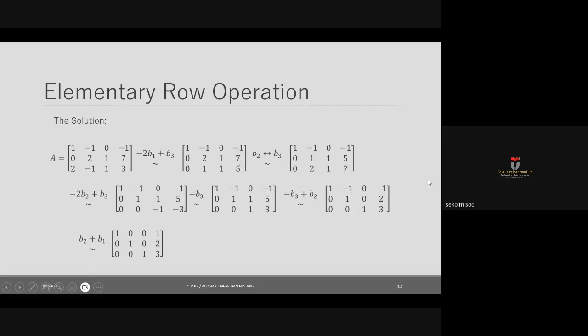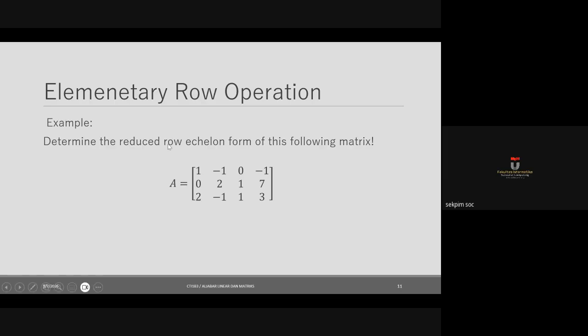This part is called row echelon form because all elements under each pivot here are 0. But what we need to do is reduce. It's not only row echelon form, it's called reduced row echelon form.